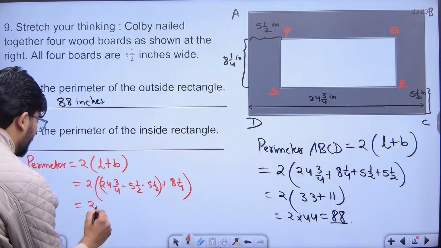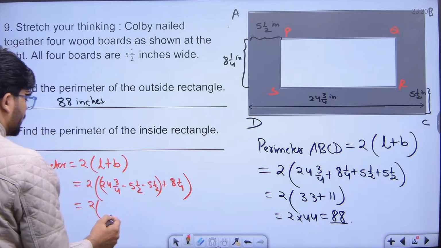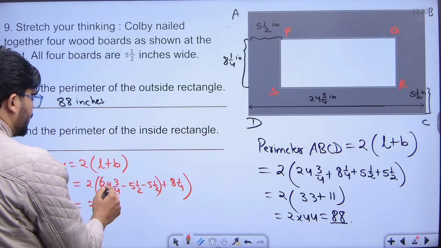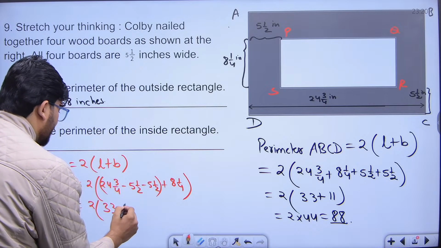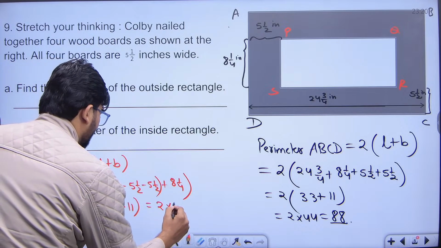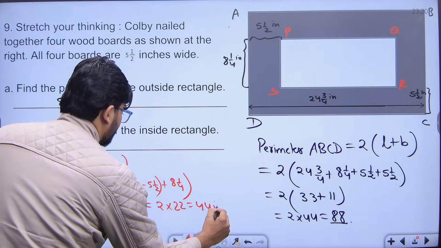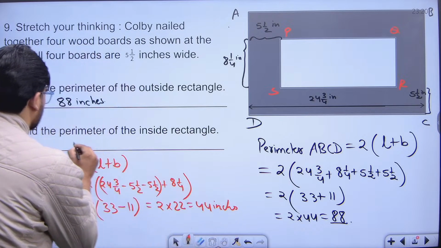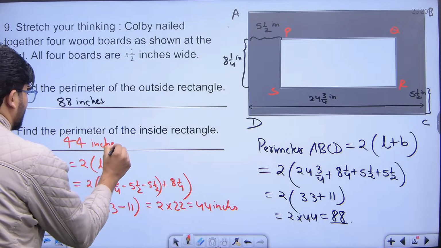So it is going to be 2 times (24 3/4 plus 8 1/4). It is again going to be 24 plus 1, 25, plus 8, 33. And this time we will subtract 11 from it. So it is going to be 2 into 22, which is equal to 44 inches. So the answer for this is going to be 44 inches.